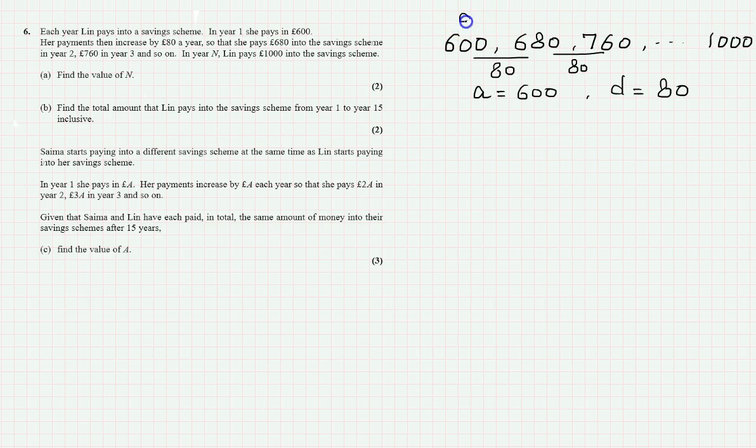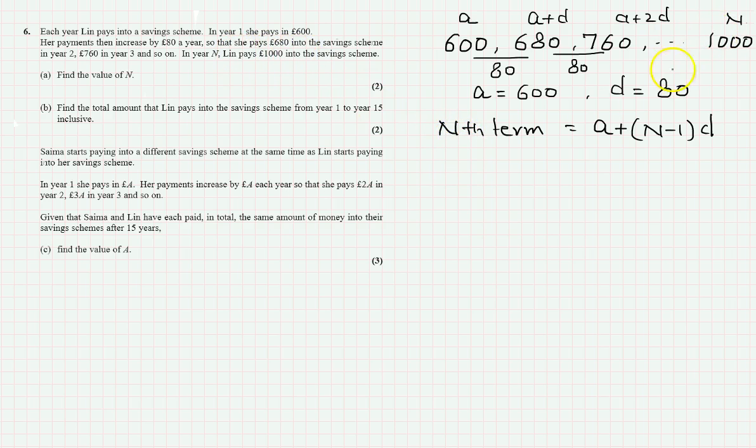We know that the first term is a, second term is a plus d, third term is a plus 2d, and say this is the nth term. So the formula for the nth term will be a plus, for the third term it is 3 minus 1, for the nth term it is n minus 1 times d.